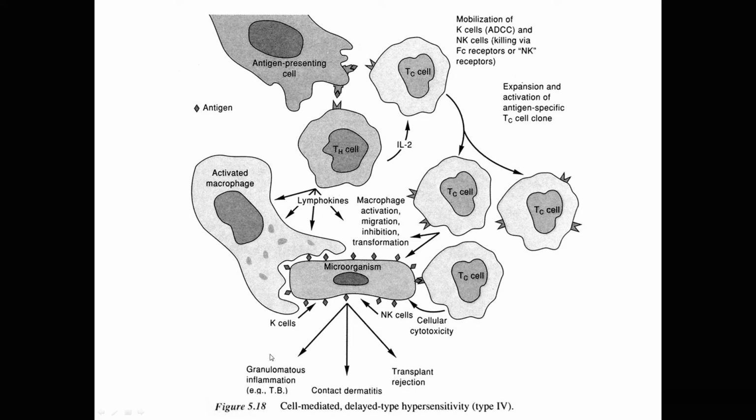This is typically an example of granulomatous inflammation. Contact dermatitis is produced in this way. Transplant rejection in transplanted patients is also achieved by the same reaction, the type 4 cell-mediated hypersensitivity reaction.